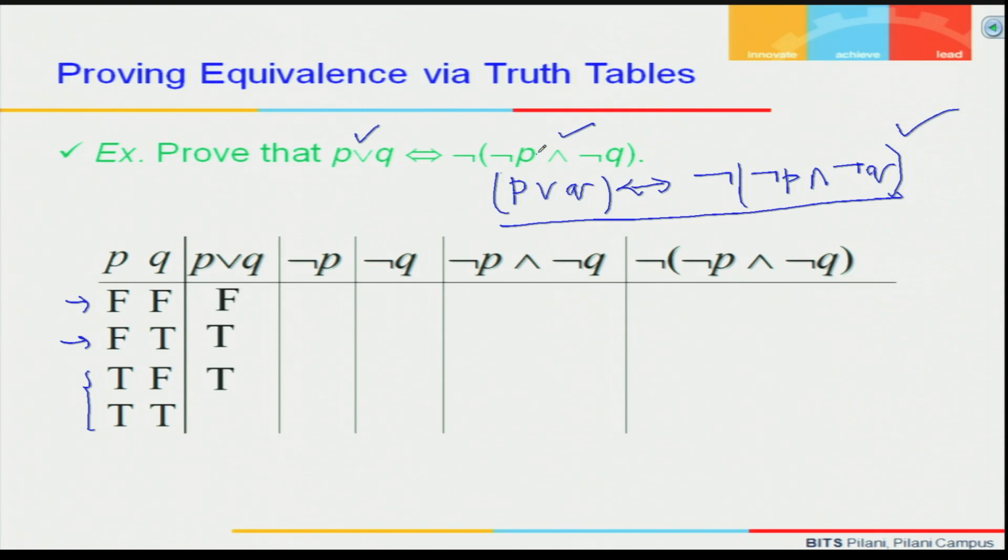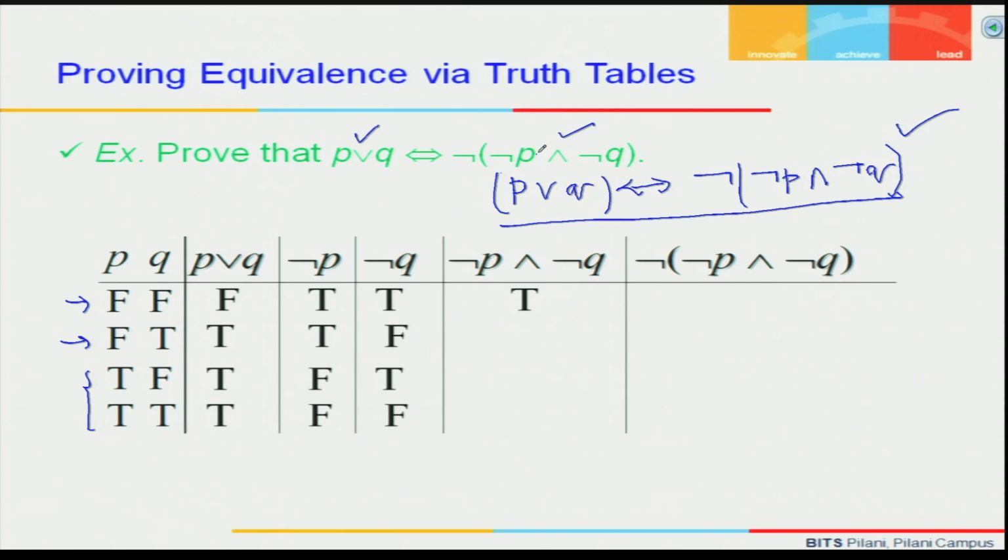Then for all the different combinations, let us find out the value of P or Q. It is by the very definition of OR, how we defined it in the last class. And let us find out what is not P and not Q. This is also by the very definition of the unary operator negation.